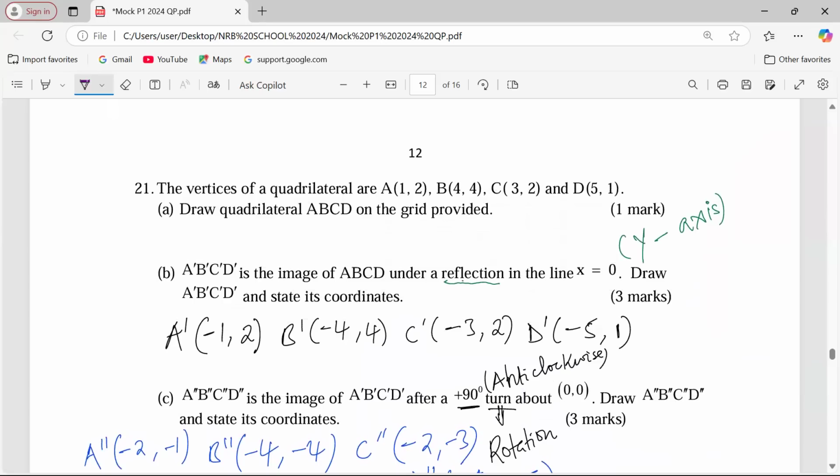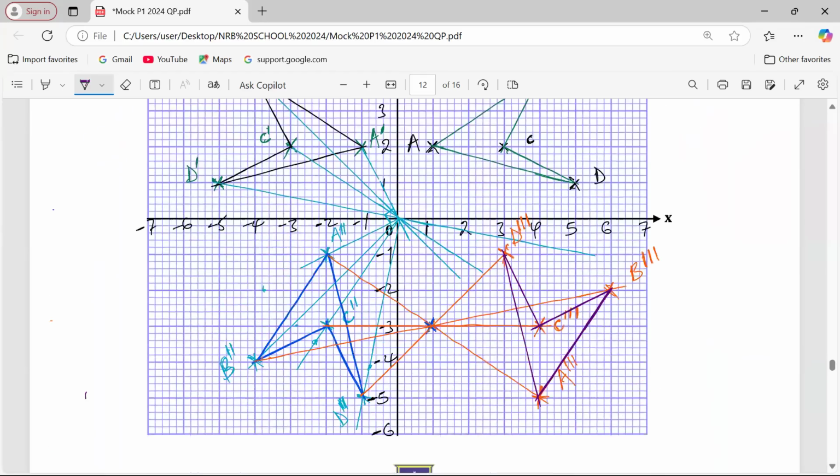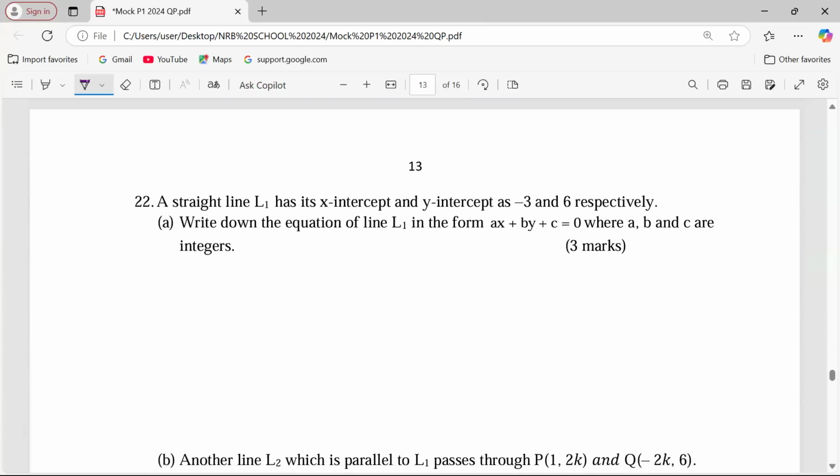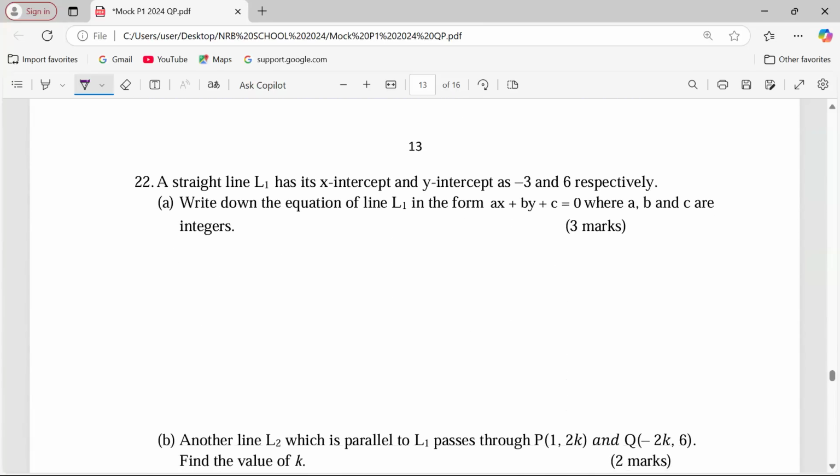Now we can check something in number 22. Wow, this is a question on equations of straight lines together with gradients. This is from Form 2 work. A very good question and a very good concept, which students are supposed to know, because it rarely misses in a national exam.